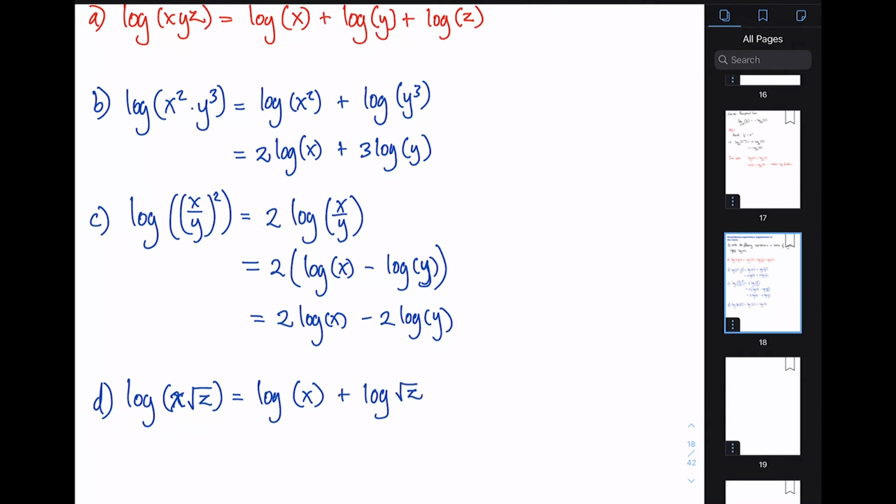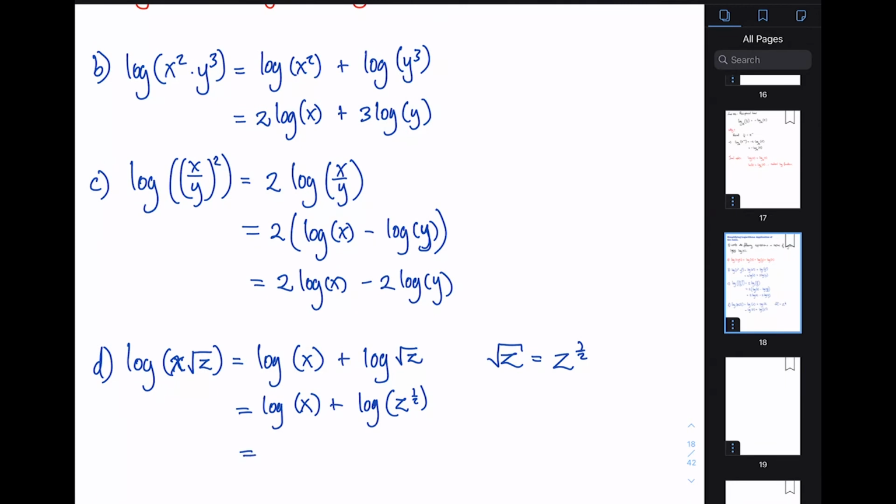But what is the square root of z? Recall, the square root of z is equal to z raised to the power 0.5, or z raised to the half power. So this becomes log of x plus log of z raised to the half power. So we apply the power law of logarithms. Now this becomes the log of x plus half log z.